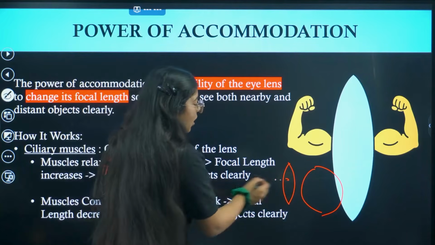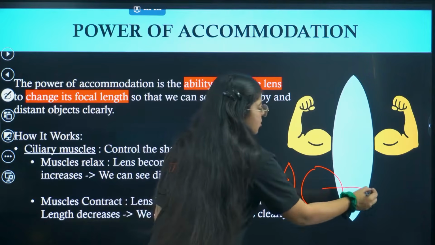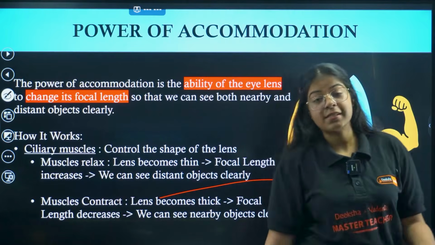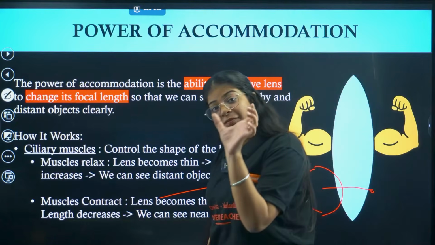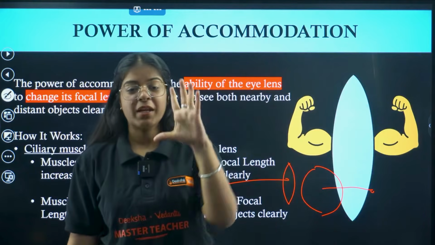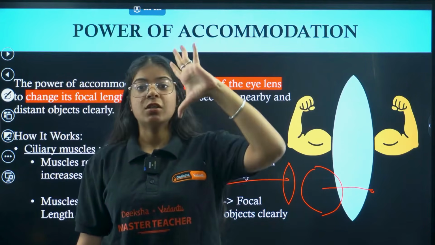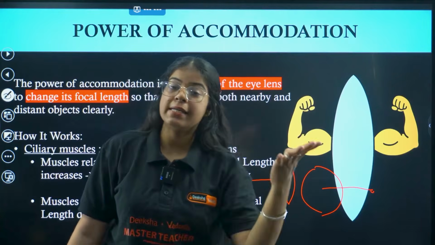This has a large focal length and this has just a small focal length, correct? So if we have only one convex lens, when it gets small, focal length decreases, and when it gets large, focal length increases.